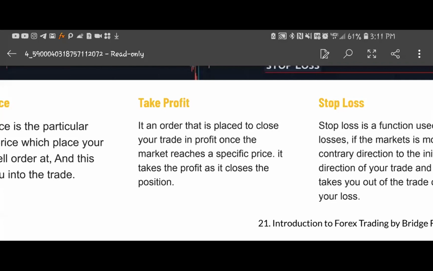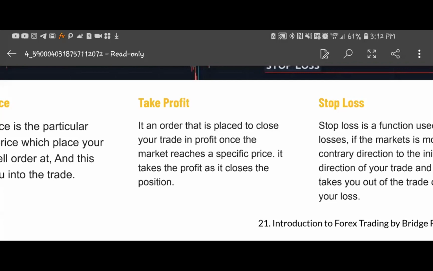So the higher the lot size, the higher the profits you make, but that should also depend on the amount of money you have in your account, because you cannot use a higher lot size with small money in your account. It's not possible, except if you're willing to lose, like blow your account, and nobody wants to blow their account at all.